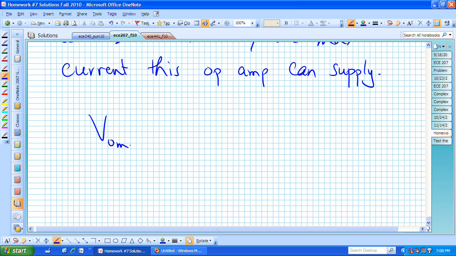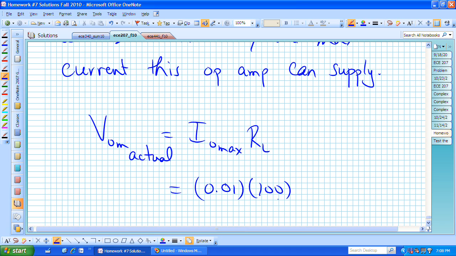Our V sub OM actual, or restricted, is going to be the maximum output current that our op-amp will deliver times the load resistor R sub L. Our output maximum current is 10 milliamps, which is 0.01 amps. Our load in this case was 100 ohms, and we take 1/100th times 100. That says now that we have a 1 volt restriction on our output waveform.